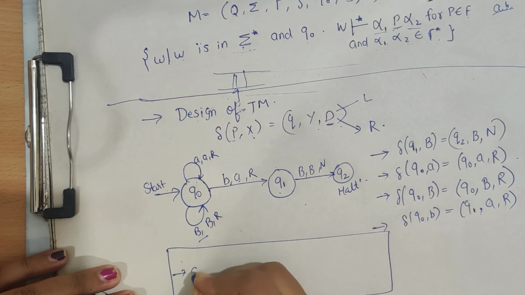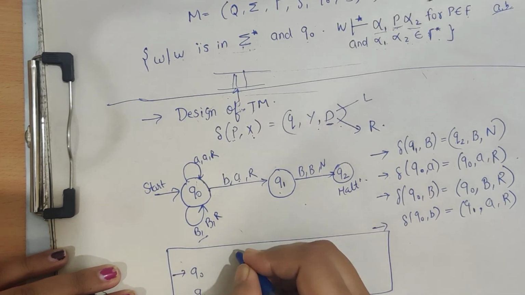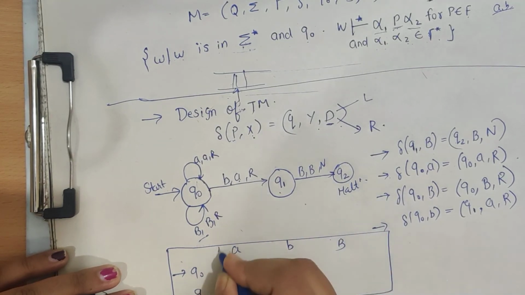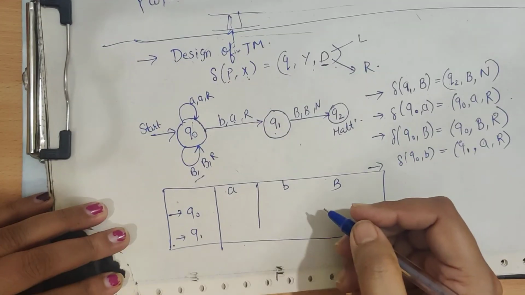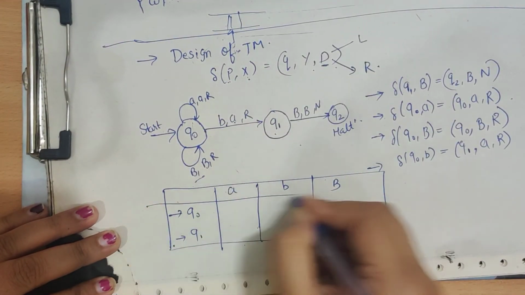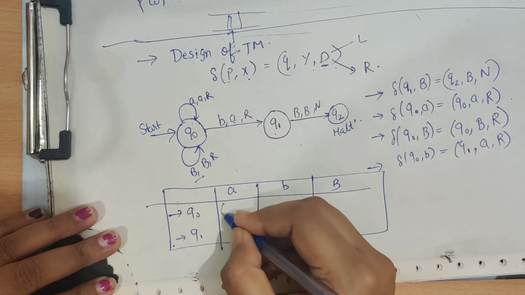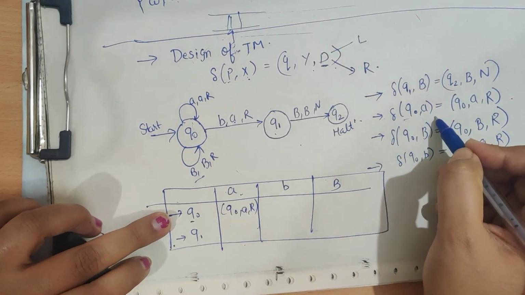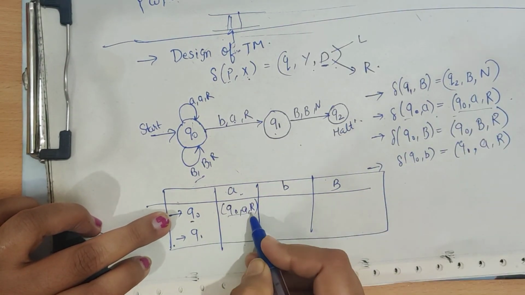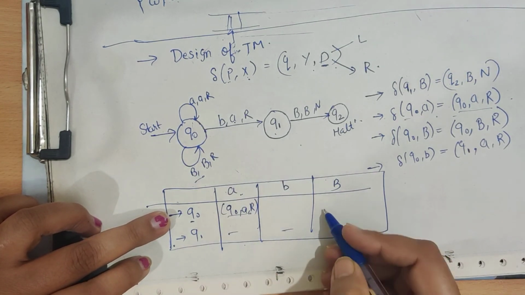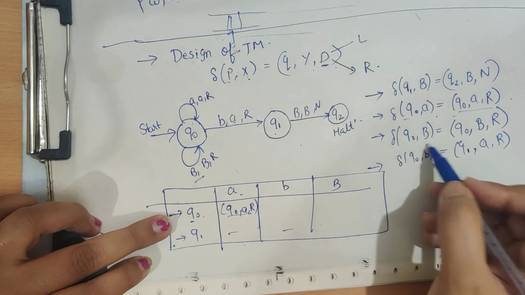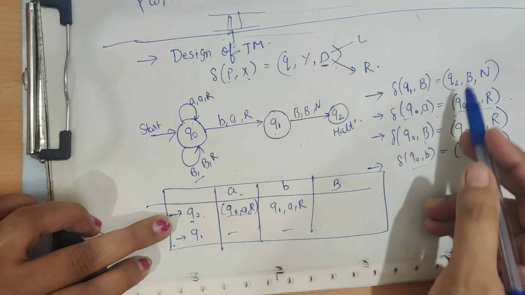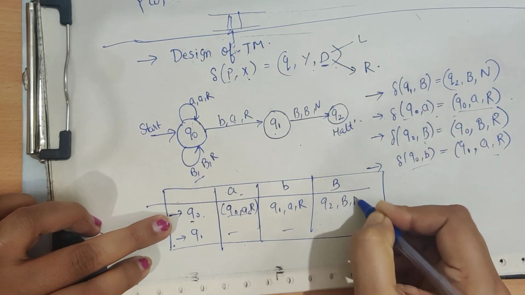So there are states q0 and q1, and the tape symbols are a, b and capital B. Okay, these are the tape symbols. So initially q0 comma a comma move right, because q0 on a, where is it going? q0 a R, that's why we had written here like this. We will write everything. q0 on b, where had it gone? q1 a R. q0 on capital B, q2 blank neutral.